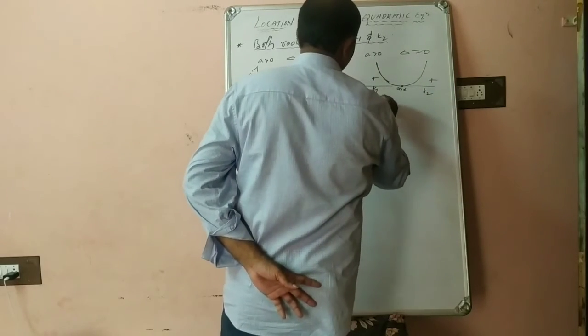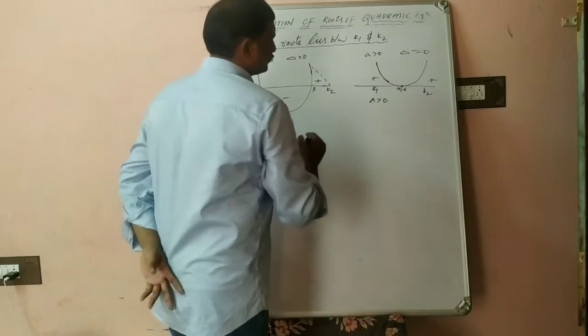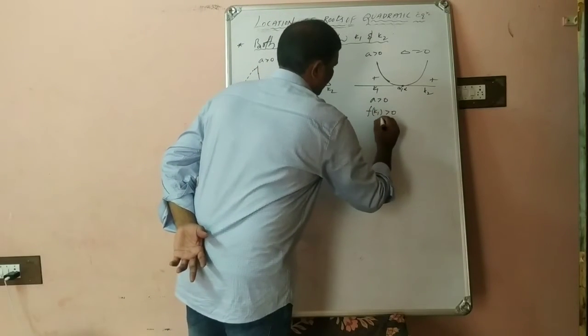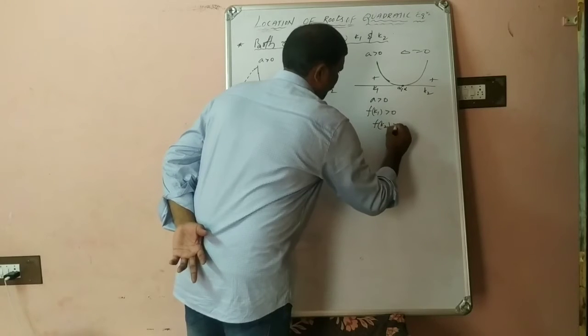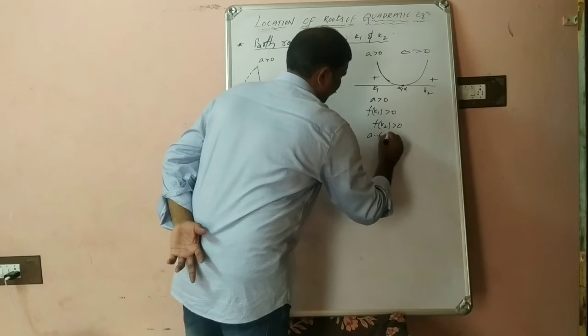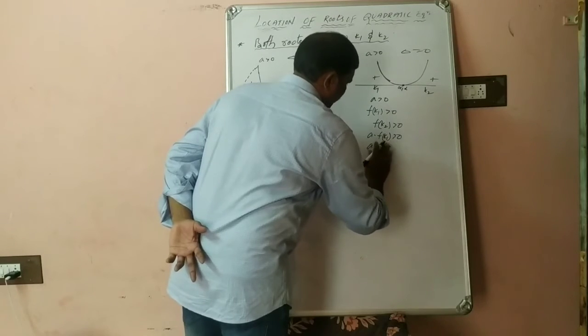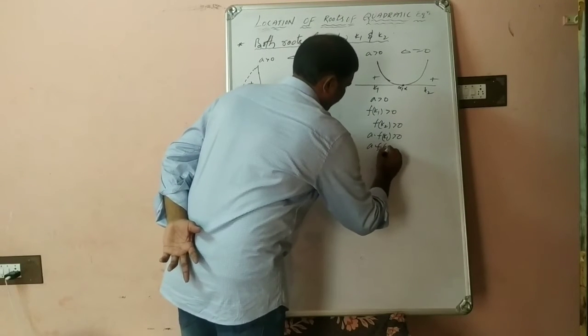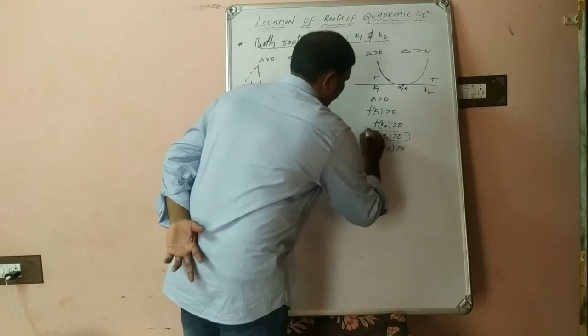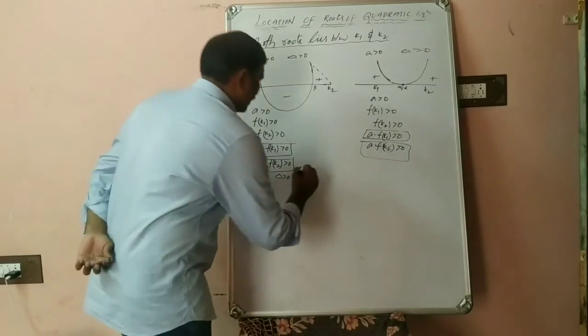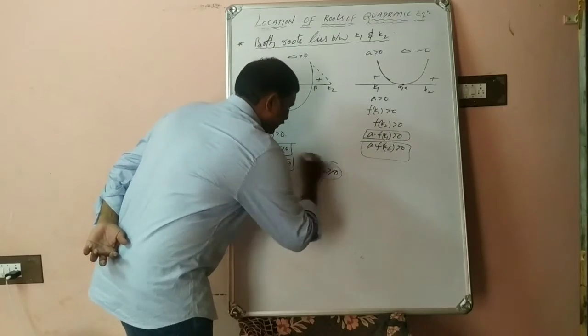A is positive, f of k1 is positive, f of k2 is positive. So A into f of k1 is positive, A into f of k2 is positive. We can conclude that in both the cases, A into f of k1 is positive and A into f of k2 is positive, in the case of delta greater than or equal to 0.